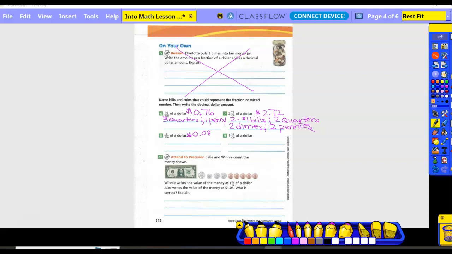Okay. So do I need any dollar bills? Nope. Quarters? Nope. Dimes? Nope, because that's 10 cents, so we're not even up there yet, right? Nickels? Yep. 1 nickel. And how many pennies? 3 pennies.